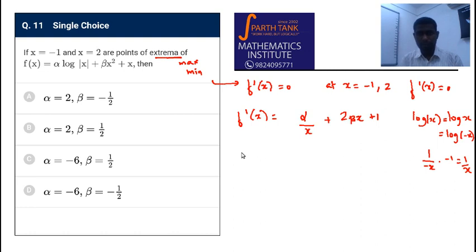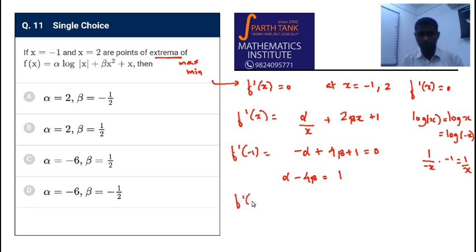Now as we told, at x is equal to minus 1 and at x is equal to 2, f dash of x should be equal to 0. So therefore f dash of minus 1 would be minus alpha plus 2 beta plus 1 is 0. Or we can say alpha minus 2 beta should be equal to 1.